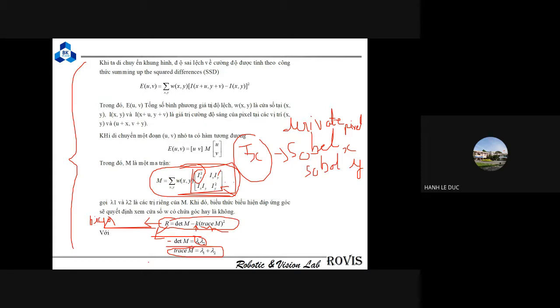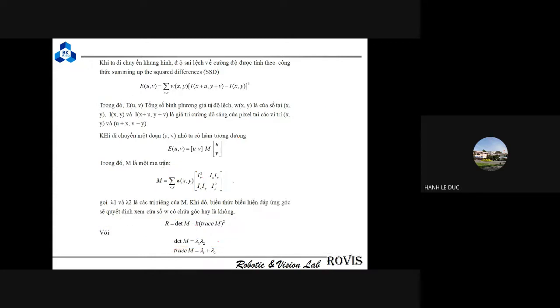Okay, so in Harris, to calculate this equation, the determinant and trace, we would have to calculate lambda 1 and lambda 2 of this matrix, right? But we have another method to calculate the determinant and the trace without using lambda.